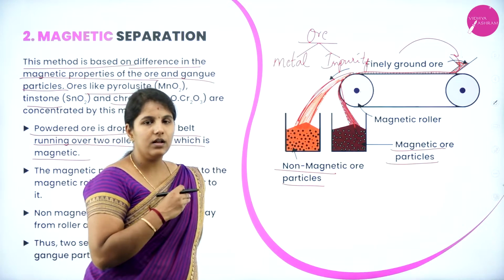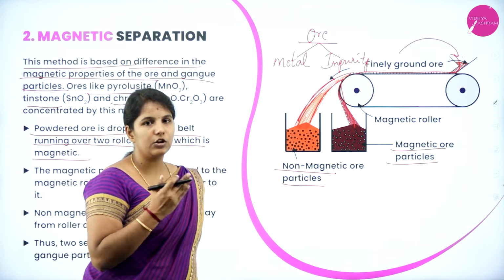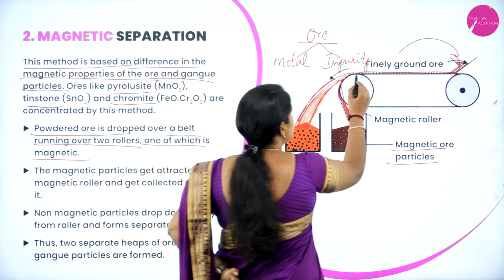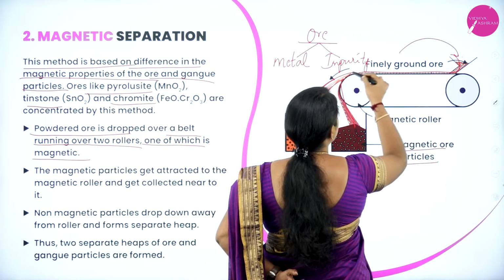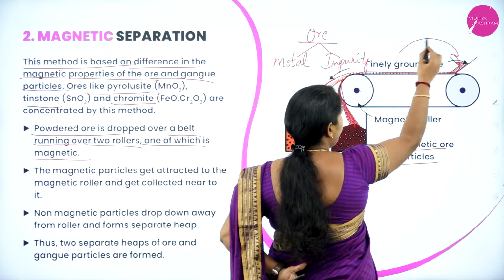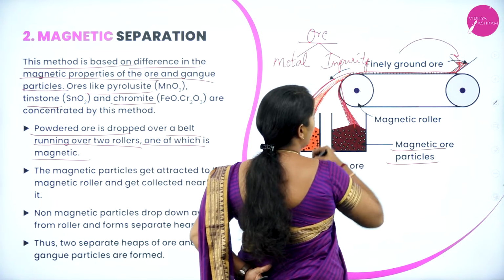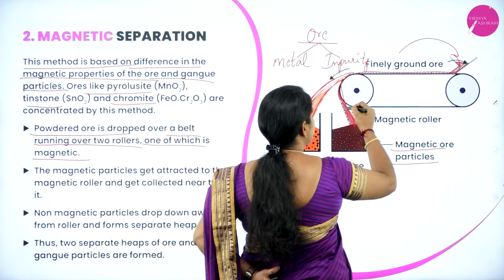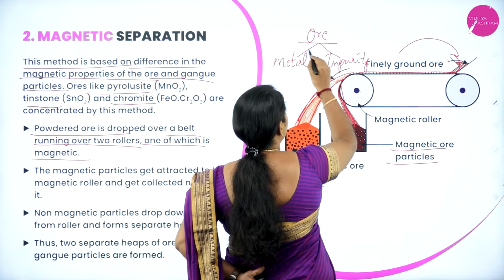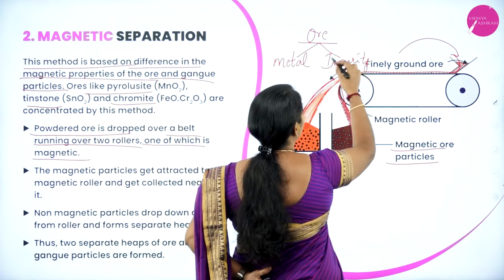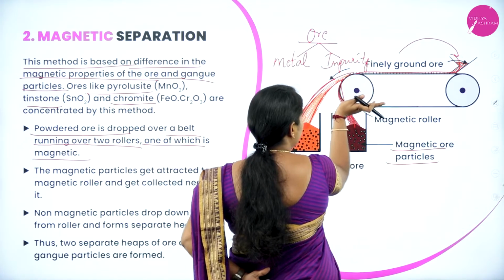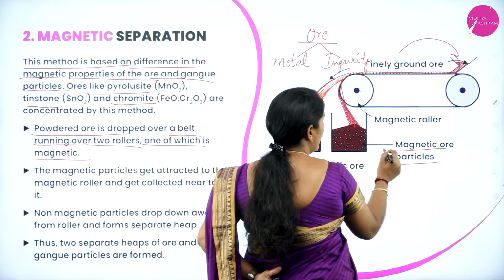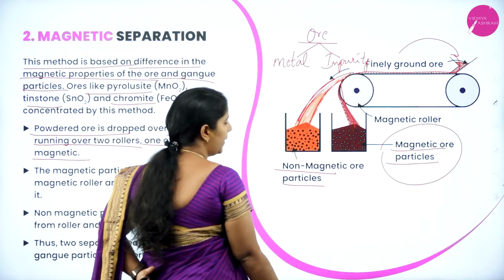They have taken the belt and roller along with the magnets. These are the magnetic rollers, and they have also considered the belt. At the top, they are pouring the finely crushed ore. When these ores pass near this magnet, if any metal or impurity is attracted towards the magnet, it will collect near the magnet and form the magnetic ore particles.